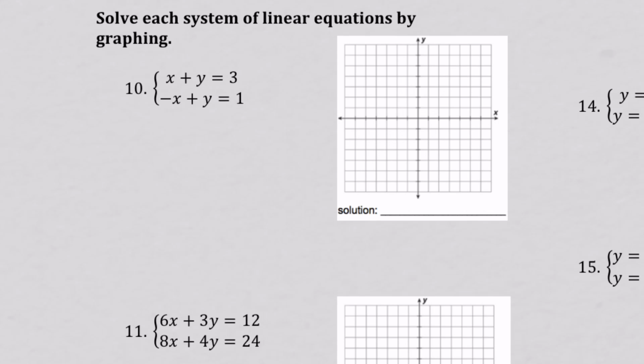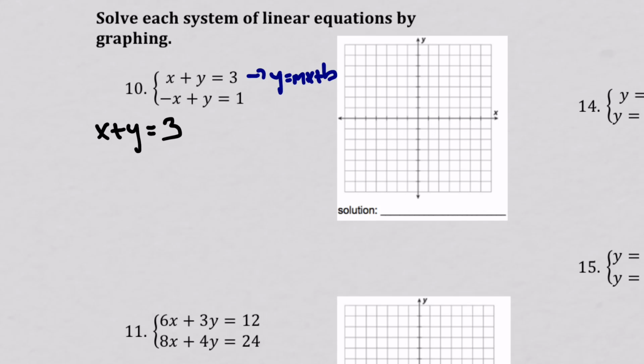What I'm going to start with is taking this first equation and putting it in slope-intercept form, y equals mx plus b form. In order to do that, I'm going to take x plus y equals 3 and isolate the y.